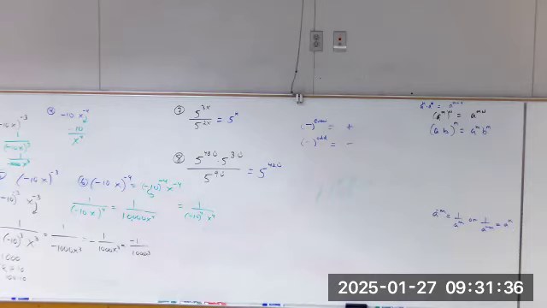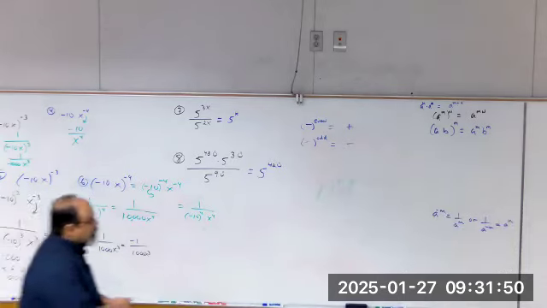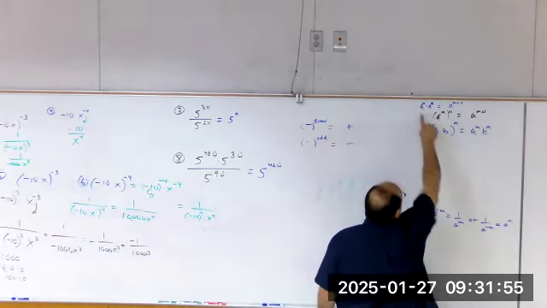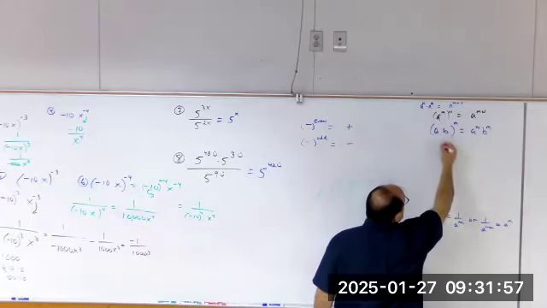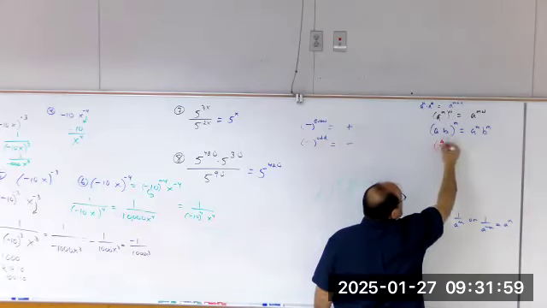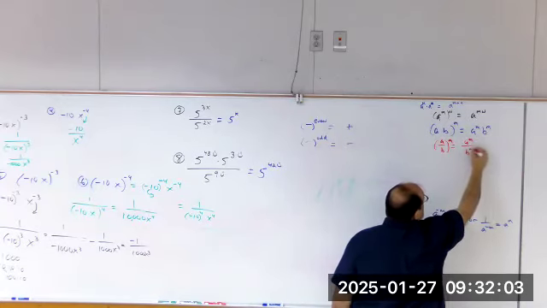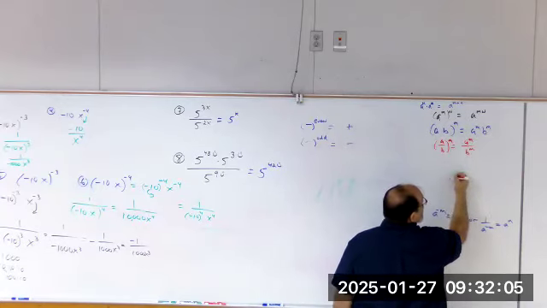How about 7? What do you got on 7? Yeah. What's the rule when we divide? When we multiply, we add the exponents. When we divide, we subtract. So that's rule 1, 2, 3. Rule 4 is a fraction to a power: the numerator and the denominator both get raised to the power.